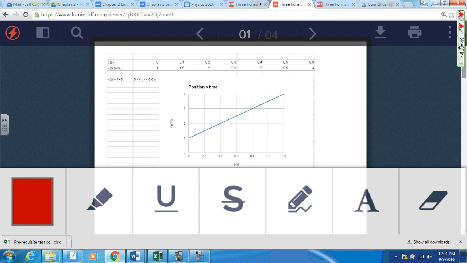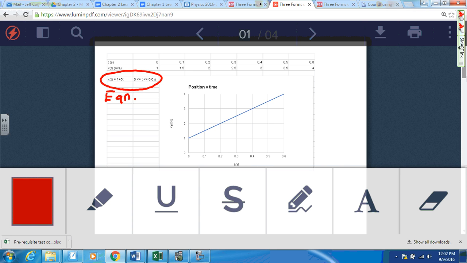The first form is an equation, EQN, short for equation. In this case, the equation represents position versus time.